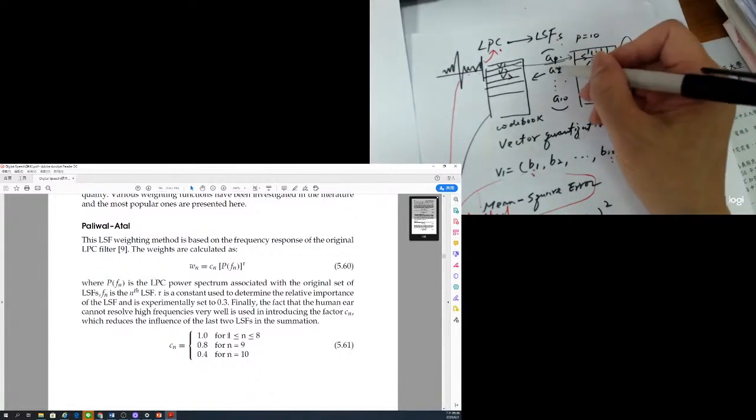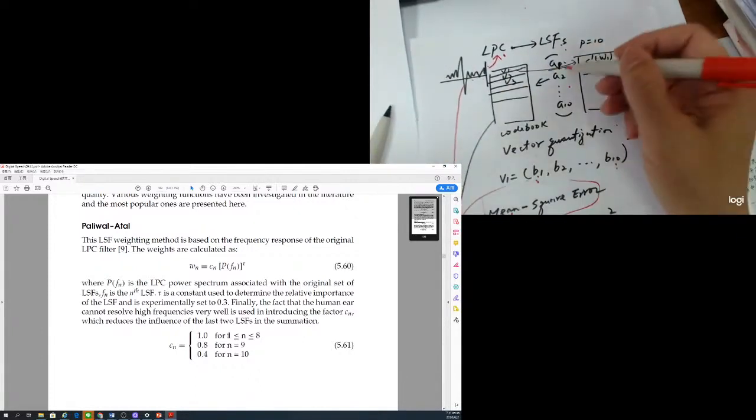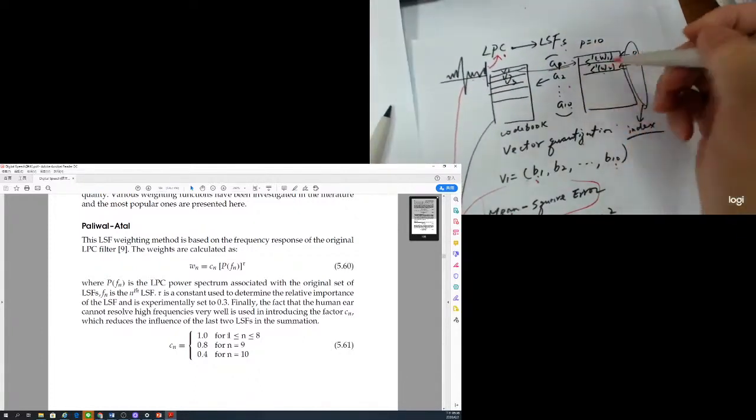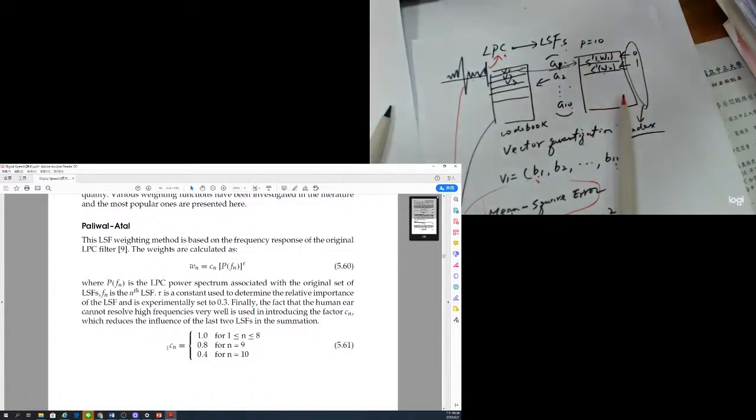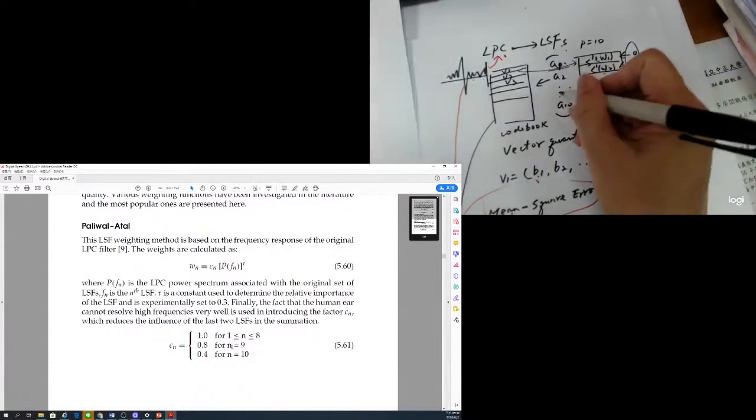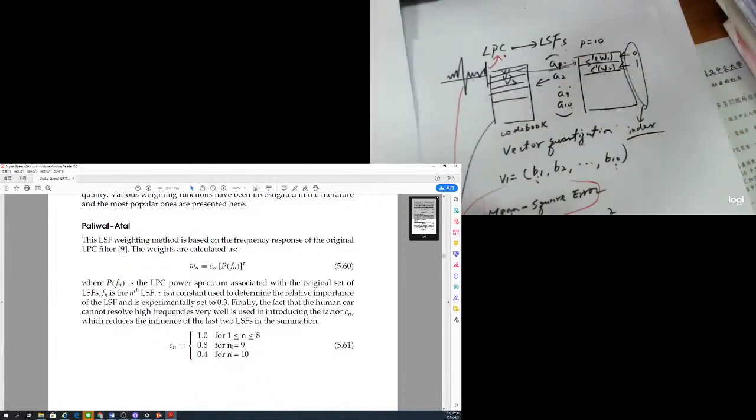So this one is low frequency, and then from low frequency to high frequency. They told you that if the coefficient is lower, the weighting function is 1.0. For A9 they will use a small value.